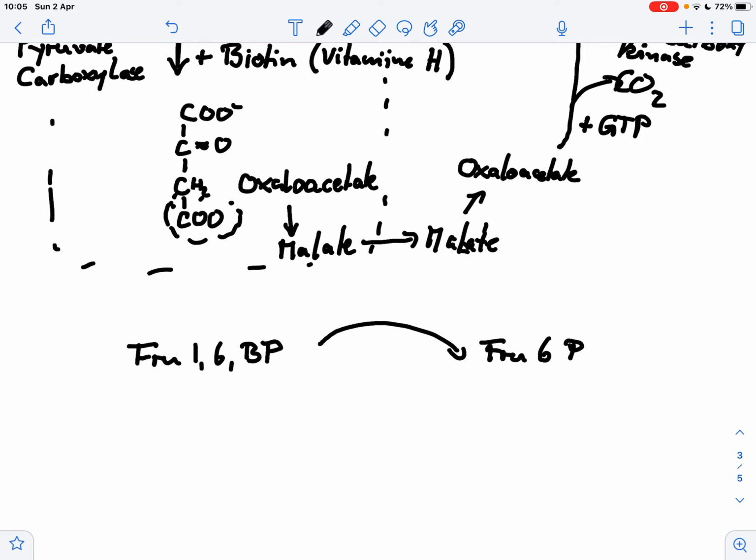And of course, we do that by removing a phosphate group. So we removed a phosphate group, and this is carried out by the enzyme fructose 1,6-bisphosphatase.